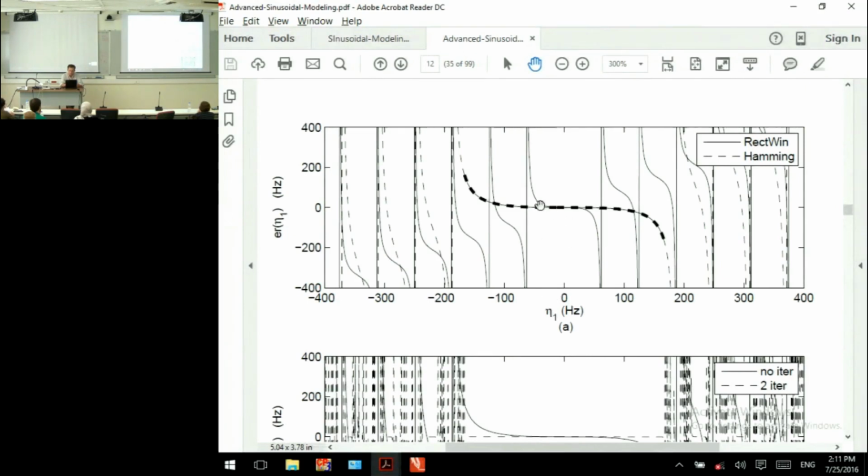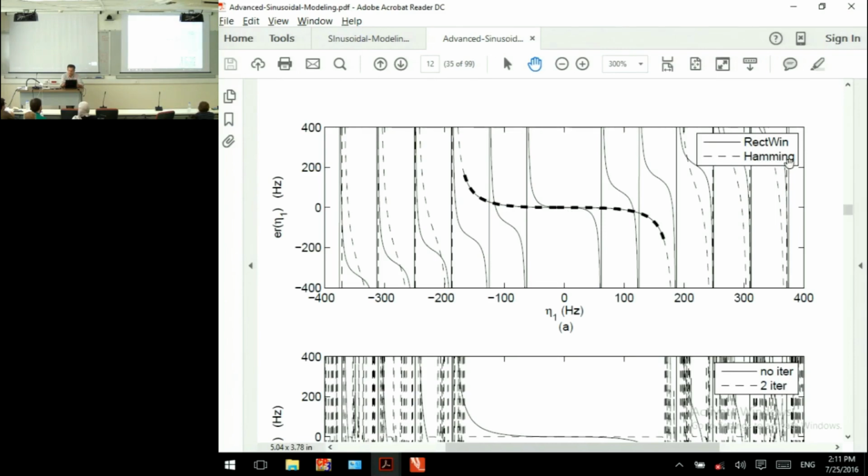You see that using a rectangular window, which is the continuous line, for around -10 to +20, we can recover because the error is 0, the error on estimating this mismatch.